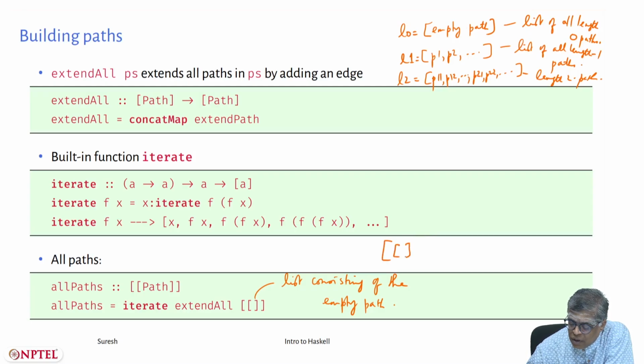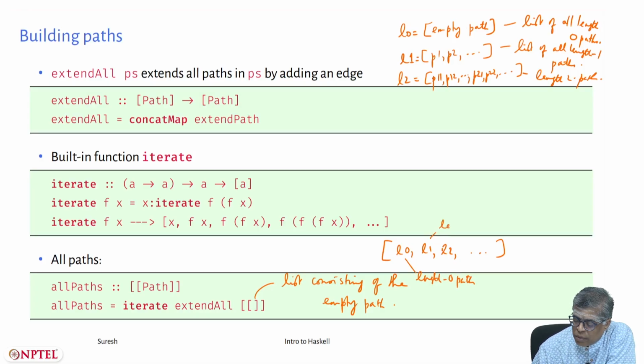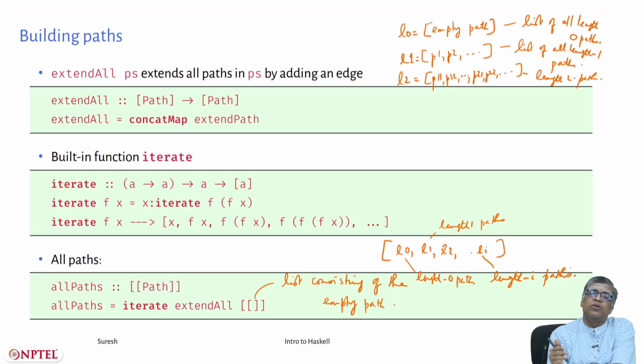I will have L0, L1, L2 and so on, where L0 is length 0 paths, L1 is length 1 paths, and in general Li will be length i paths. So, now I have a way of generating all paths.